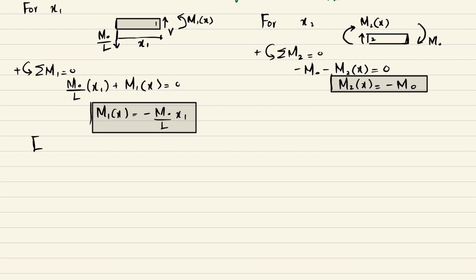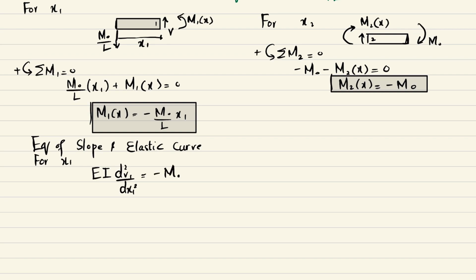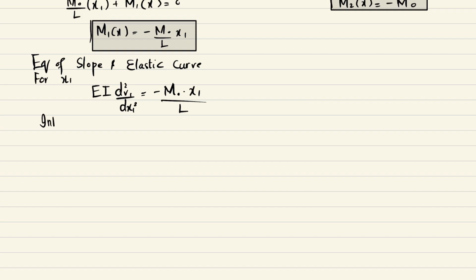By using the equation of slope and elastic curve, for coordinate x1, the equation will be EI d²v1 over dx1² is equal to M1(x), and M1(x) is minus M naught into x1 divided by L. If you integrate it once, you will get EI dv1 over dx1 equal to minus M naught x1² over 2L plus C1.